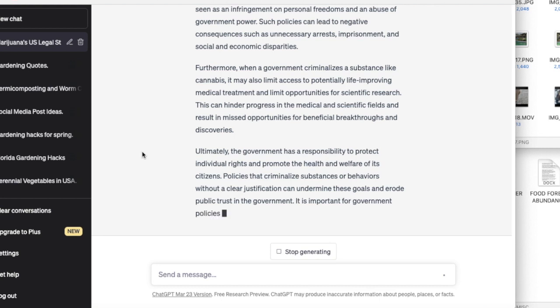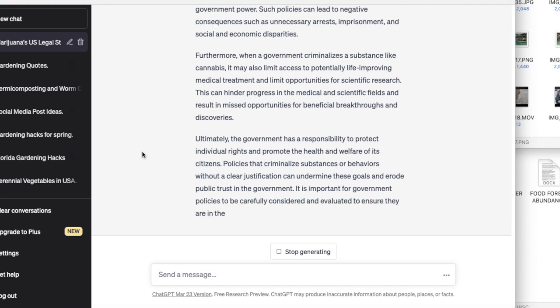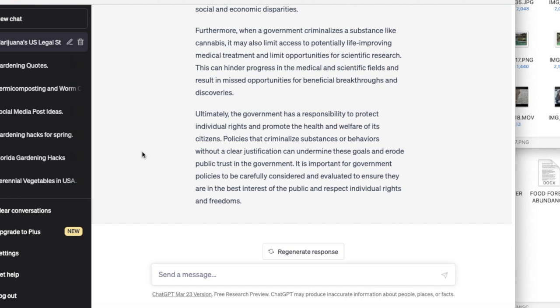This can hinder progress in the medical and scientific fields and result in missed opportunities for beneficial breakthroughs and discoveries. Ultimately, the government has a responsibility to protect individual rights and promote the health and welfare of its citizens. Policies that criminalize substances or behaviors without a clear justification can undermine these goals and erode public trust in government. It is important for government policies to be carefully considered and evaluated to ensure they are in the best interest of the public and respect individuals' rights and freedoms.